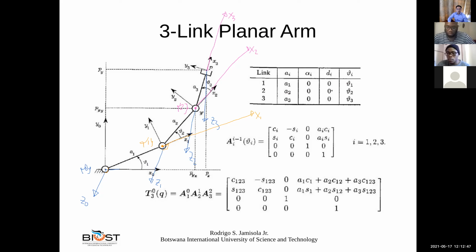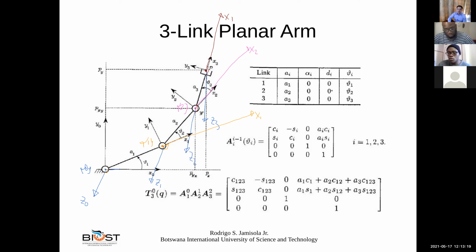Oh, let me change the color so that it will be clearer. Okay, another color. That is x3. And it's perpendicular to z3 and also perpendicular to z2, and intersecting z2 and intersecting z3.